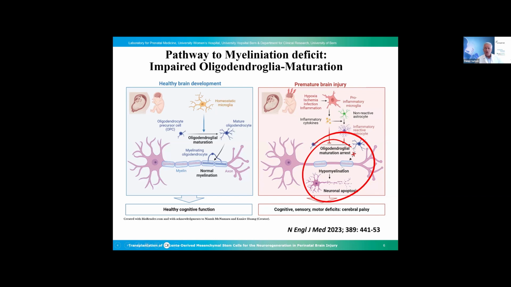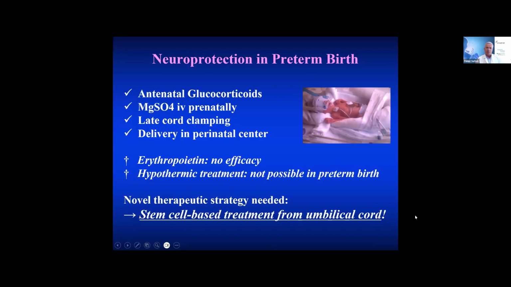That means myelination here is impaired, leading also in the end to neuronal apoptosis. And this in itself may lead to cerebral palsy.